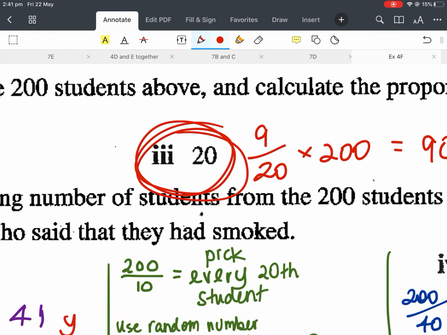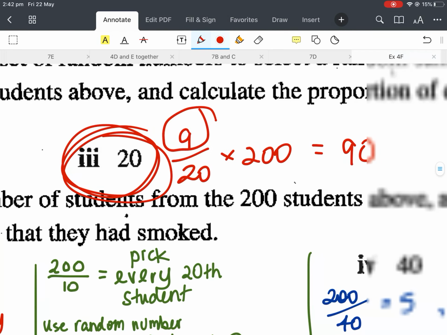So that's where I got my 9 out of 20 from. So to figure out how many in my sample that is, I'll go 9 over 20, because that's the 20 numbers I counted, times 200, and I got an answer of 90. Now that's getting pretty close to that 96 that is the actual number. Okay, so that's using random sampling.